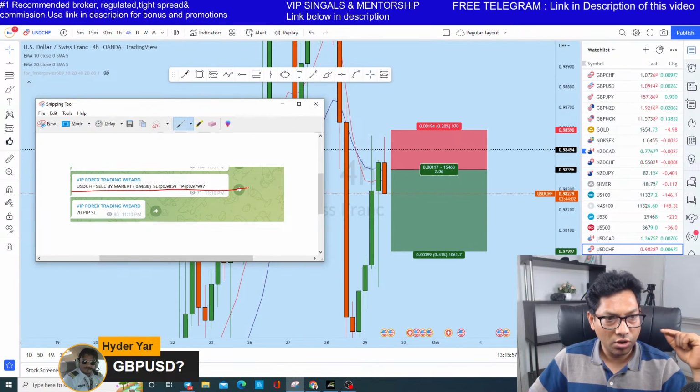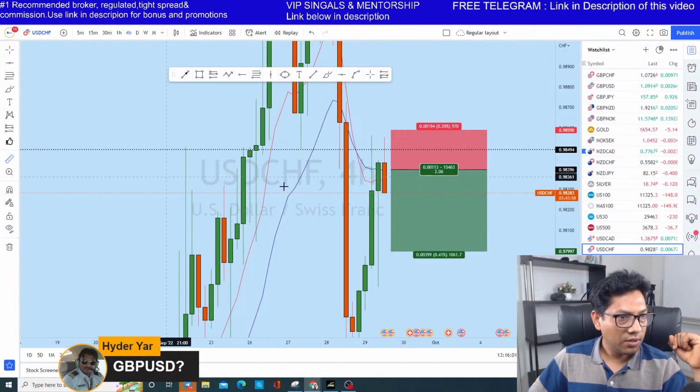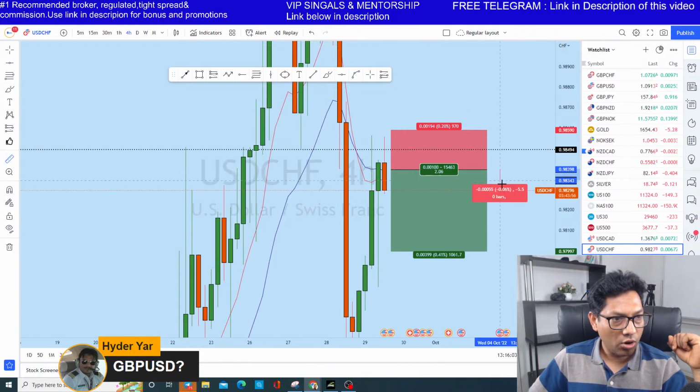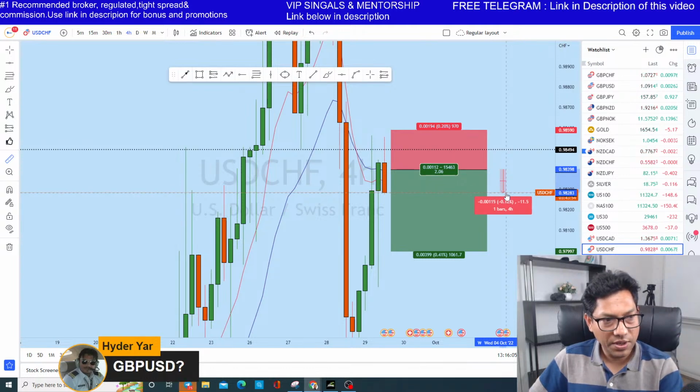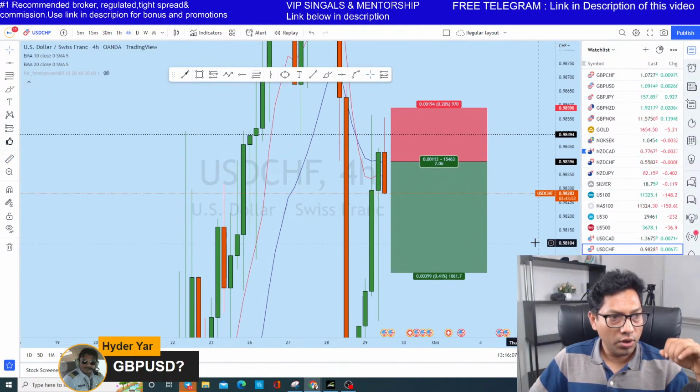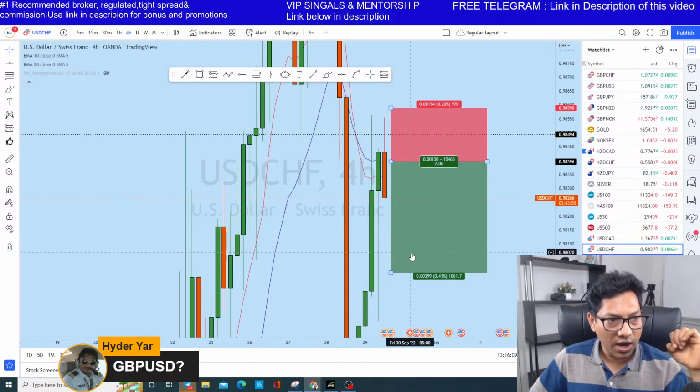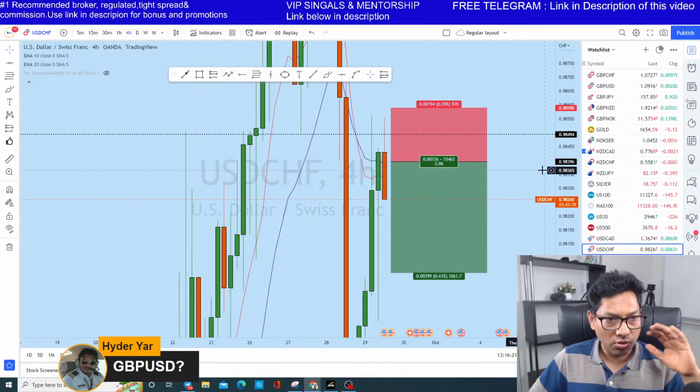I have given this to the community. It has started to drop in the direction that we expected. Now we are almost 10 pip in profit. So as soon as the price comes to our 1-to-1 risk to reward zone, we will take 50% profit or close, whatever, and move our stop loss here. So I want you to get the profit on the table.